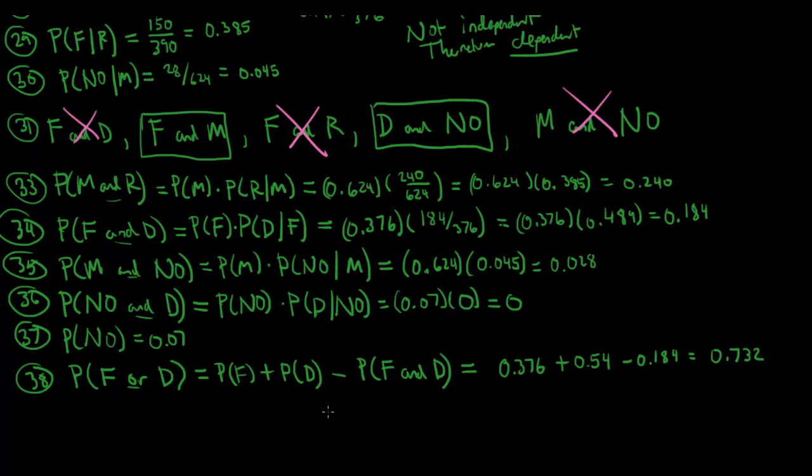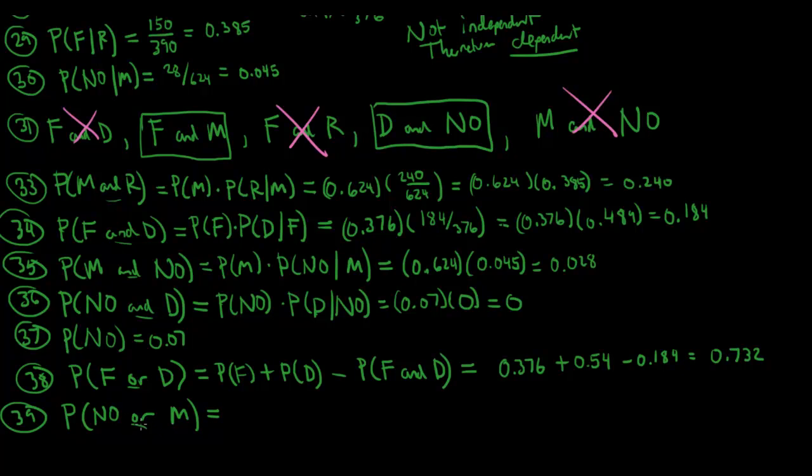Let's get a little more space here. Number 39. Number 39 says the probability that the randomly selected participant has no opinion or is male. So again, here's a union probability. The probability of no opinion or male. Okay, so it's the union. Again, that's an or.